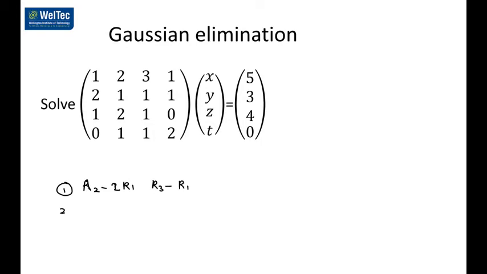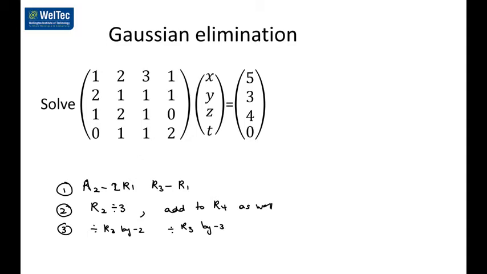And then step 2, I want you to take R2 and divide it by 3, and then add that to row 4 as well. And then I want you to divide R3 by -2, and at the same time divide R3 by -3 and add that to row 4.